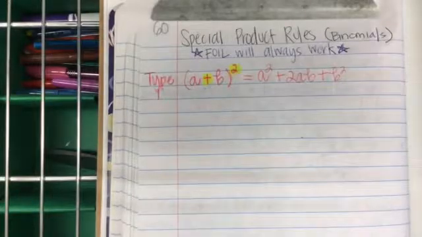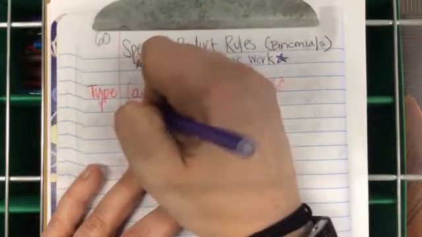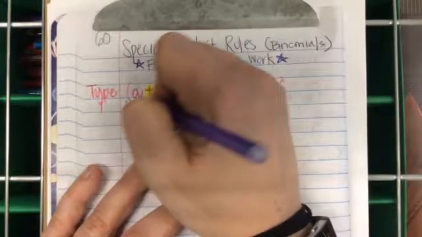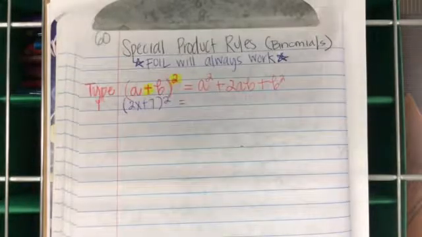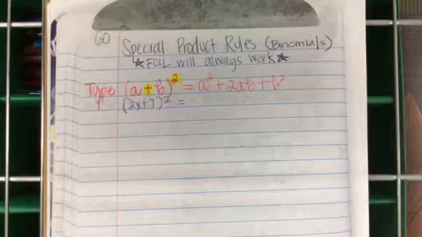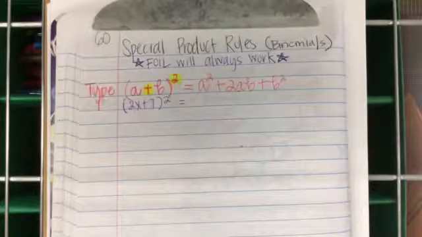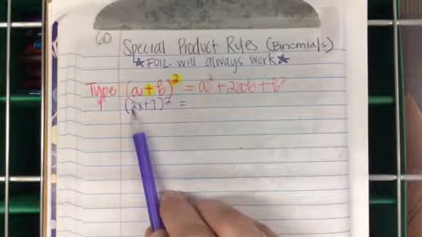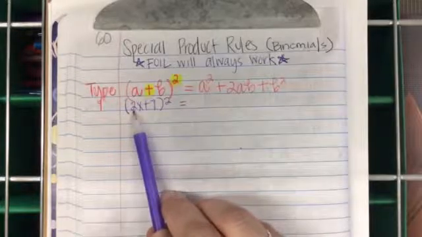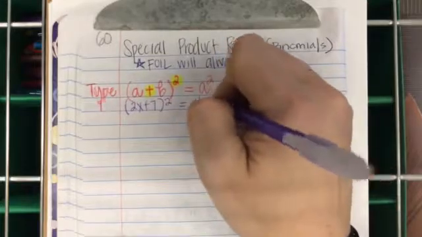So let's try another one. (2x plus 7) squared. The binomial 2x plus 7 squared. So we do the first term squared. 2x times 2x is 4x squared.